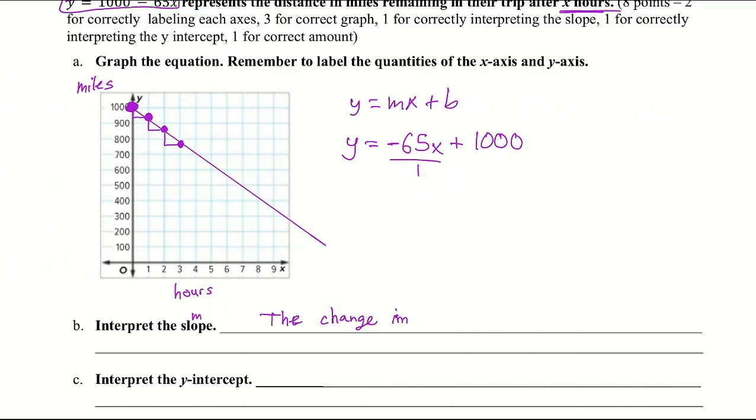it's the change in miles left in the trip.